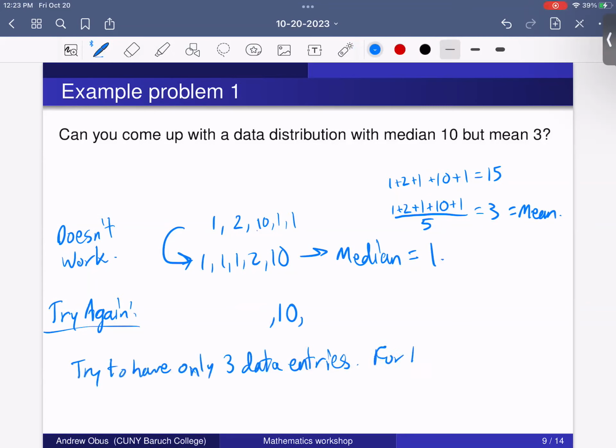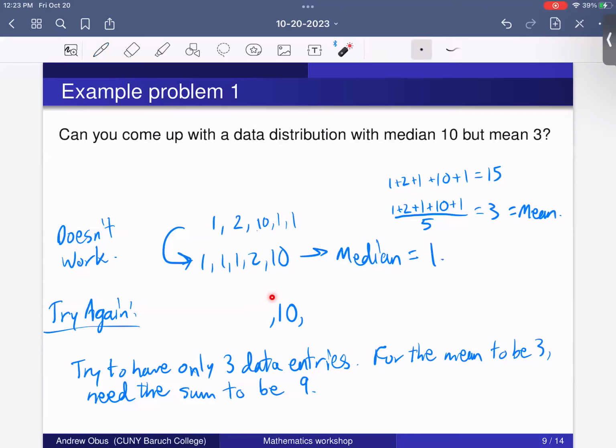For the mean to be 3, we need the sum to be 9, right? If we're going to have 3 data entries and we want their mean to be 3, then the only way to do that is to have the sum of all of the data entries be 9, because 9 divided by 3 is 3. So how can I throw in 2 more data entries with the 10 in the middle that makes the sum 9? What's one way we could do that?